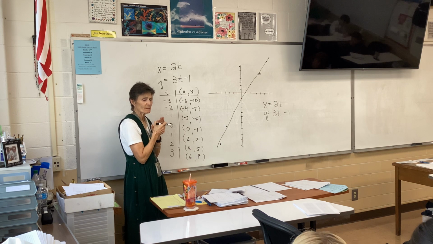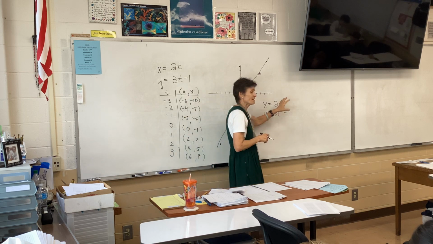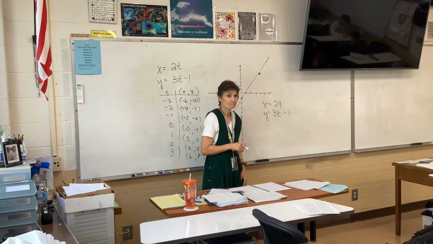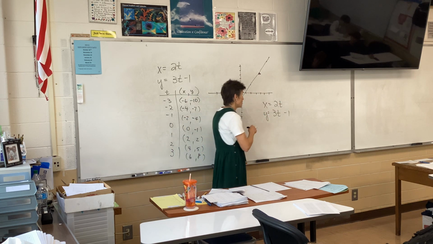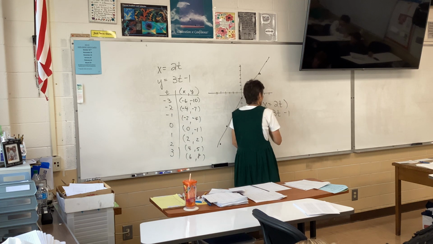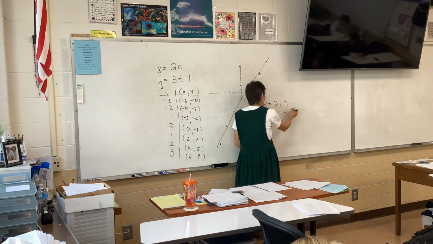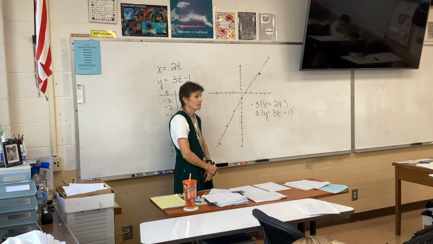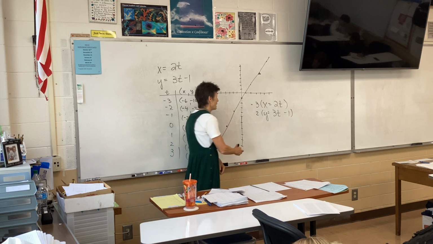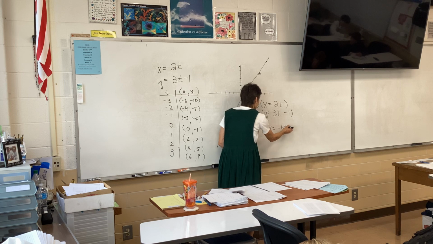But what occurs to me at this moment is eliminating the parameter means getting rid of t. So I could multiply my whole top equation by -3 and my whole bottom equation by 2. And won't that eliminate the parameter?